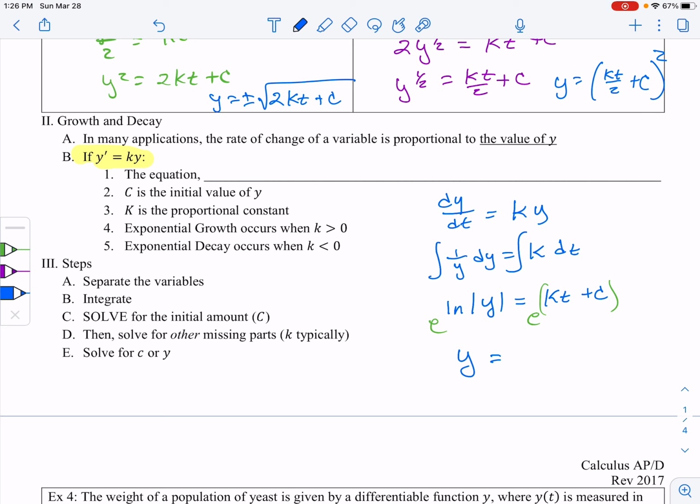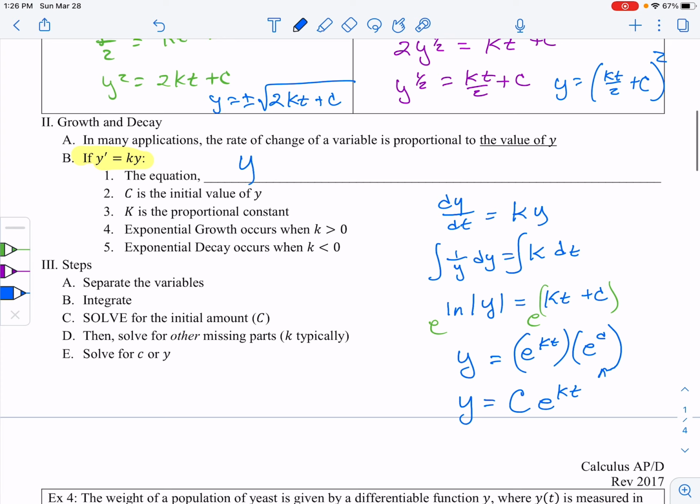This, remember, it's e to the kt. I'm going to write it down again so we remember how that happened. We just called this the constant. So your equation is y equals c e to the kt. Okay, so anytime you read a problem where it starts out with the rate of change is proportional, this is your equation.